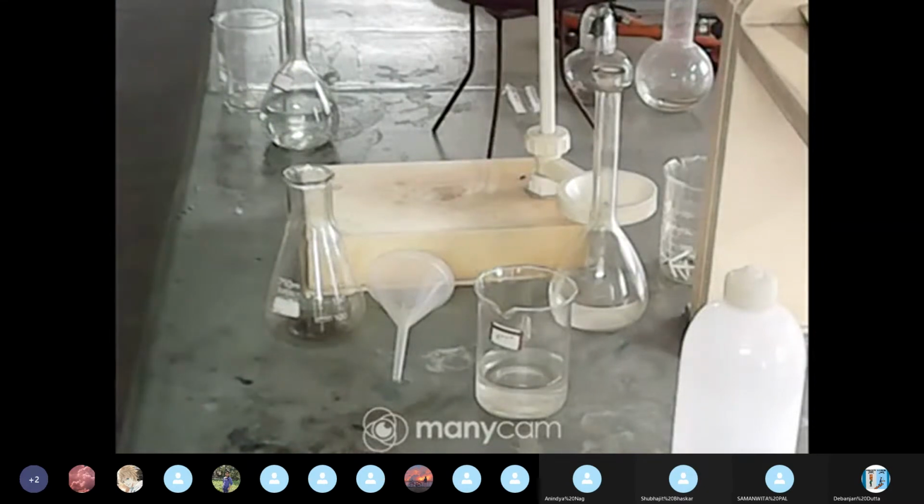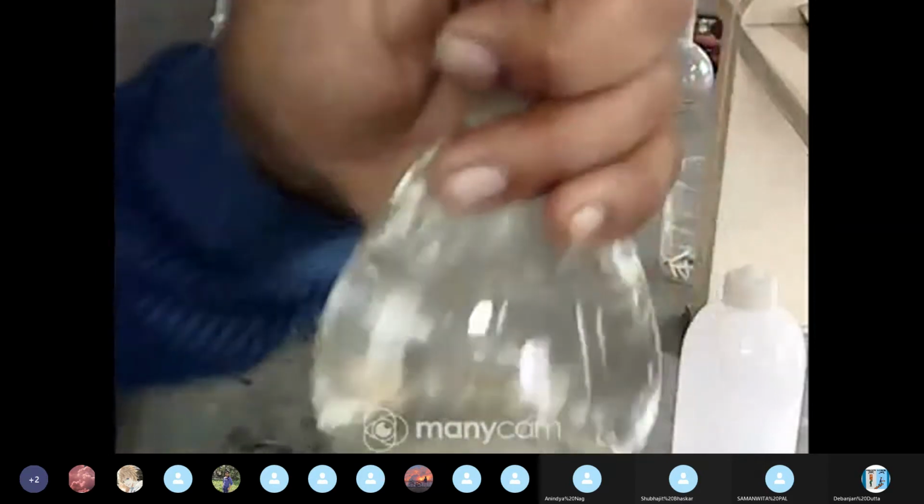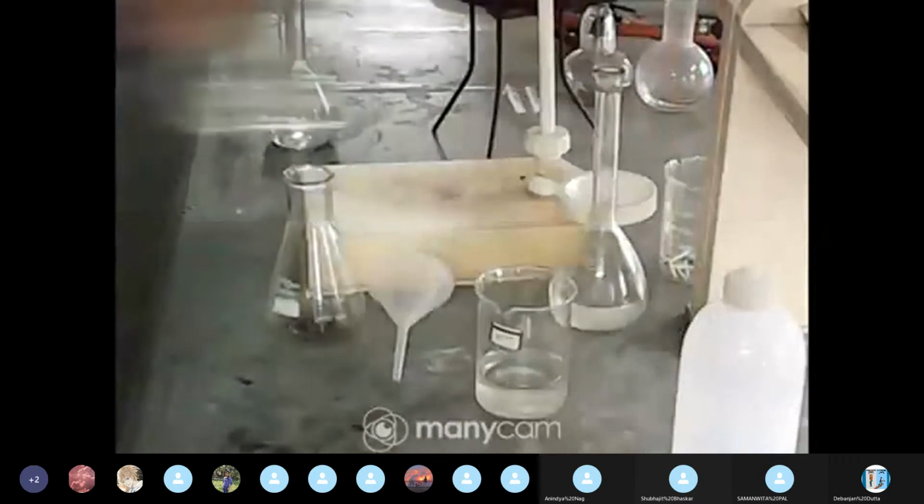When you prepare the solution, use distilled water, not tap water, because it may make the medium turbid. Now carefully observe the line present here. Here is that line. I have prepared that solution. Now keep it reserved.